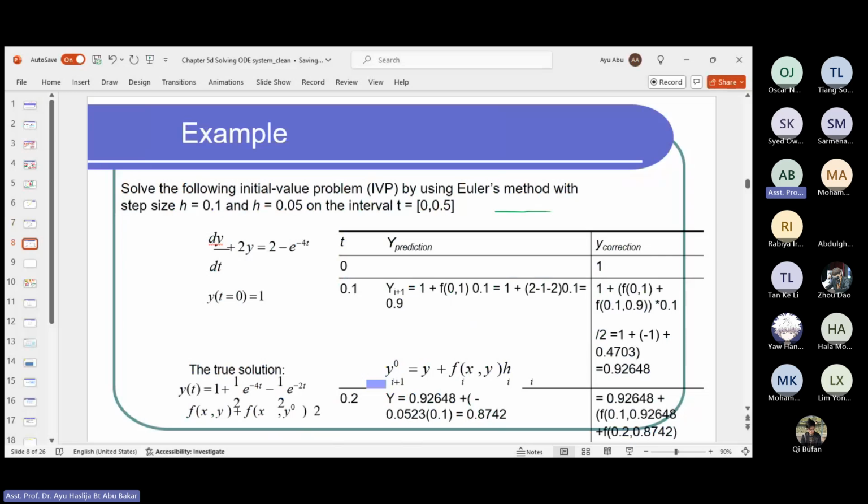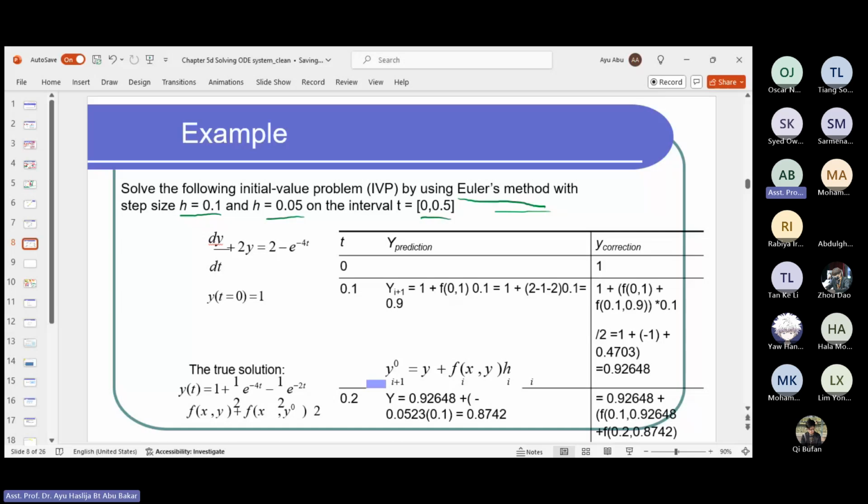Using this example, solve the following initial value problem by using Euler's method with step size h 0.1 and step size h 0.05 on the interval t 0 to 0.5.